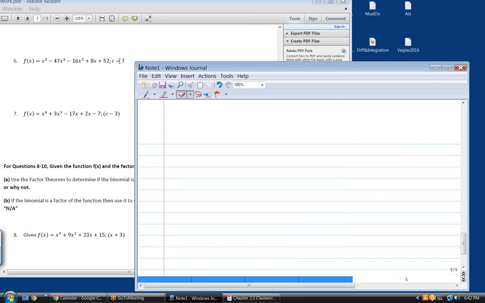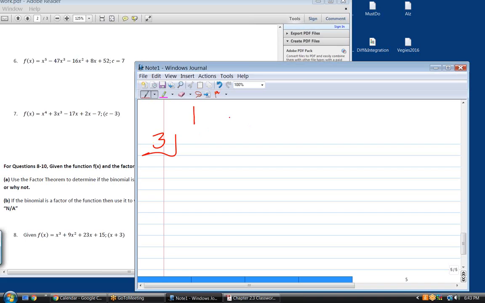This didn't say c plus 7 or c minus 7. If we're going to do what you suggest, you're suggesting we put a 3 in there, right? Yes. So how come this doesn't say c equals 3? In number 6, it said c equals 7, and so we put a 7 in the box. Yeah, you're right. I'm a little confused, but let's do the math and see.